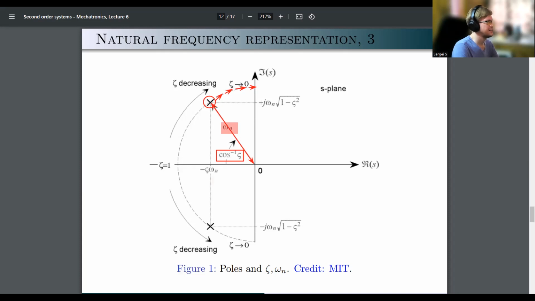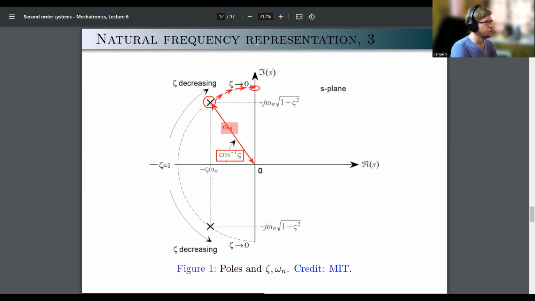Yeah, 90 degrees. So as it approaches zero, we go here, which, as you can see, is the imaginary axis. So we lose the real part of our pole. And this is kind of interesting because we retain the same natural frequency. So we say, okay, let's leave natural frequency alone. We only care about the damping factor, and we can see what happens when we move it around.